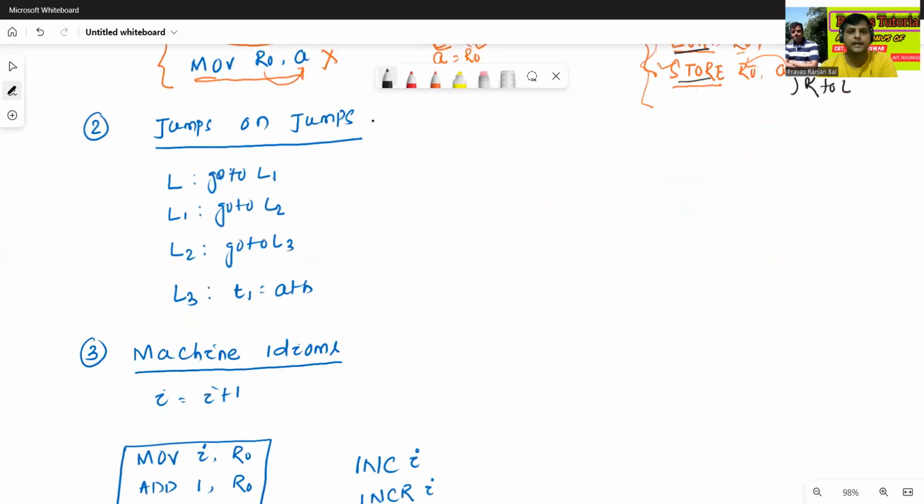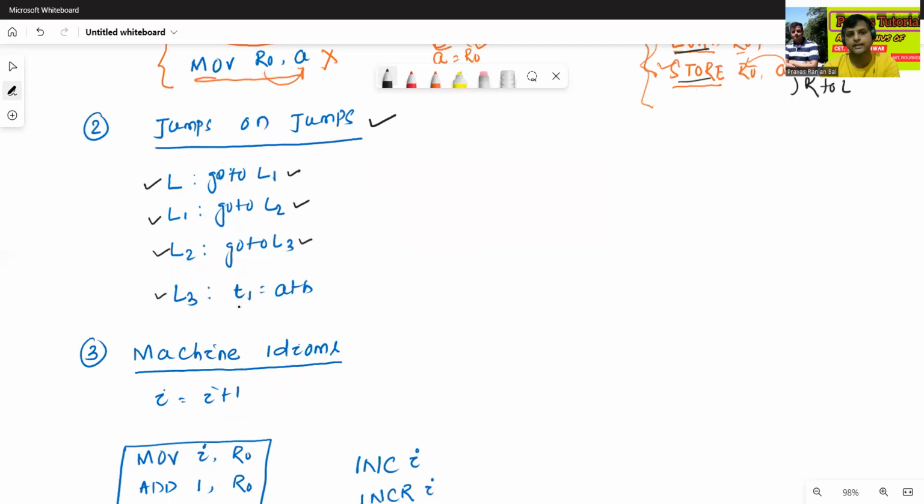Next, the second one is jumps on jumps. What is the meaning? Just try to understand. This is my first label, go to L1. In L1, we assign go to L2. In L2, we assign go to L3.